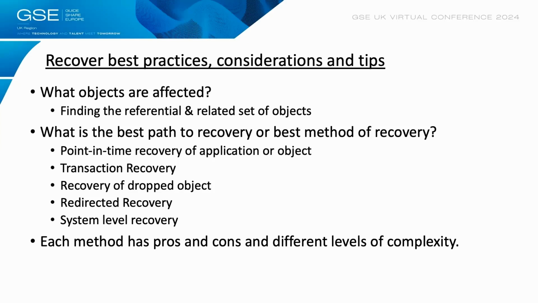The ability to recover using the recover utility to a different object in the same subsystem. So if you want to see what the data was, you can recover from an image copy to another table in the same subsystem, and you can run queries against that and see what's happening. And then you've got the system level recovery, which we'll look at then.